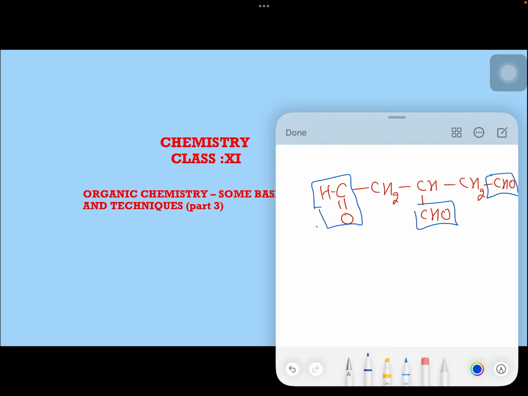Now if I take the straight chain, I can count this and this carbon in the straight chain of the main functional group. This will be left out. So I cannot do so. The rule says that if the same functional group is present more than once, we have to give the same treatment to the functional group everywhere. So either there has to be a way by which I can include all the carbons of CHOs in the main chain. That is not possible here.